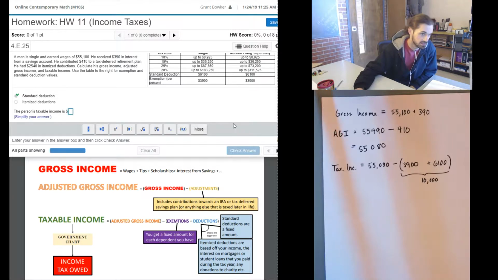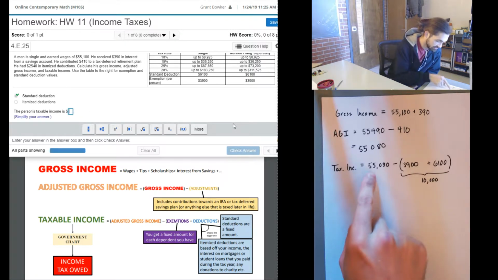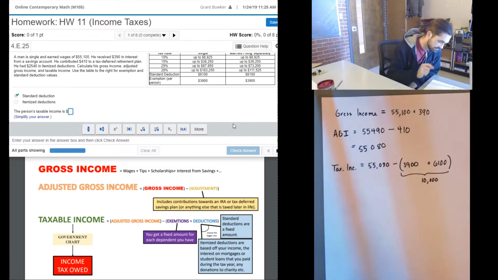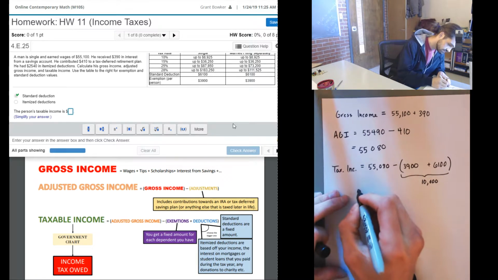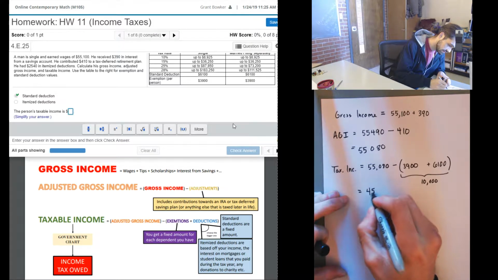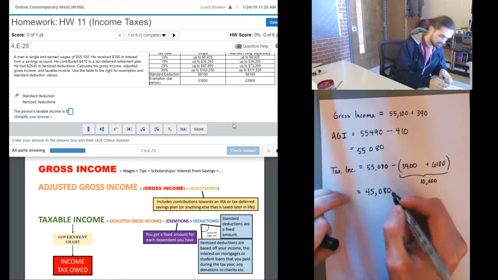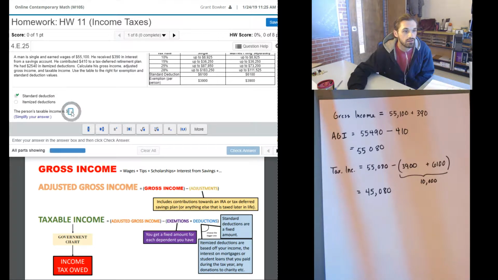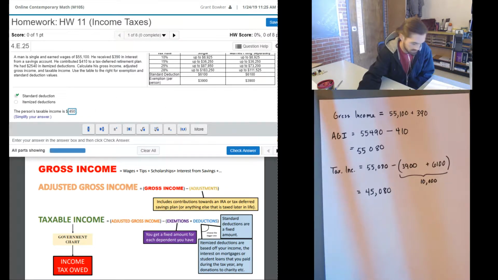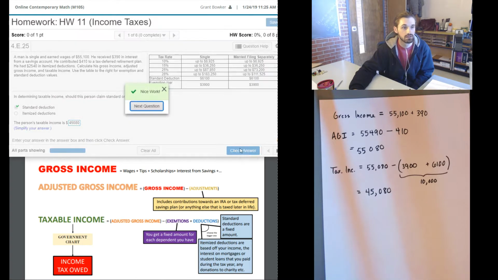Finishing this out, the taxable income is going to be the $55,080. Remove $10,000 of those dollars, so you'd be left with $45,080. All right, $45,080. Moment of truth. Hey, all right, cool.